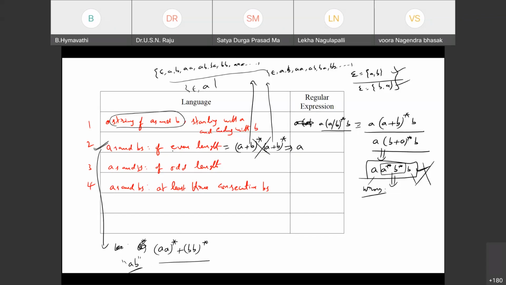AB is a string of even length, but according to your expression you are not able to derive AB. So this is also wrong. Have you understood why it is wrong? Yes, sir. Now (AA plus AB plus BA plus BB) whole star. Very good, I think it is correct. Is anybody saying this is wrong?